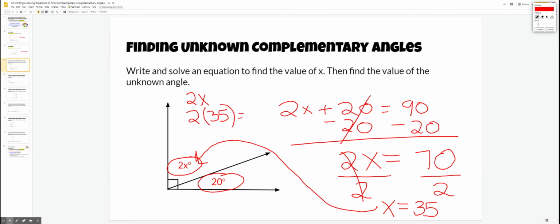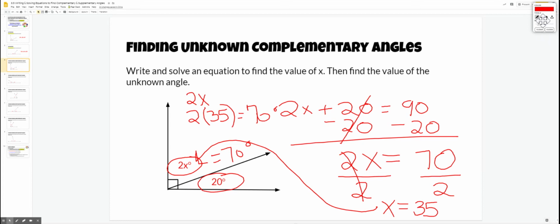Well, 2 times 35 is going to give me 70 degrees. So I know that this angle measures 70 degrees, and 70 plus 20 gives me 90, so I know that I'm correct. Okay, so the first thing I did was write my equation. I solved my equation to find x, and then I plugged x in to figure out the measure of the missing angle.